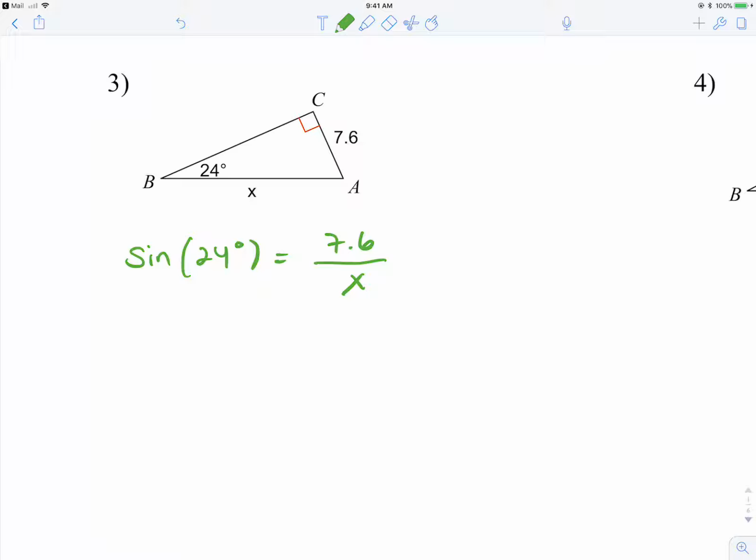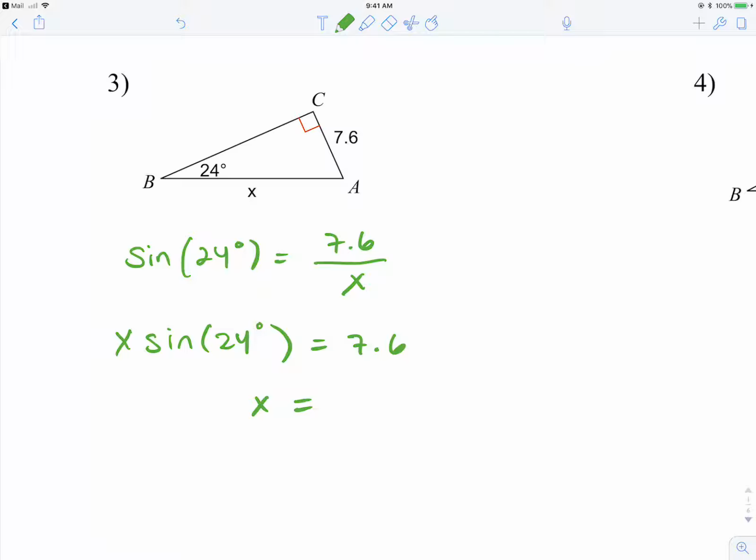Now this is a little bit different than the other 3 examples because x is in the denominator of the ratio. So we're going to need to multiply by x on each side of the equation so that we would have x times sine of 24 degrees is equal to 7.6. And then we can divide by sine of 24 degrees on each side.